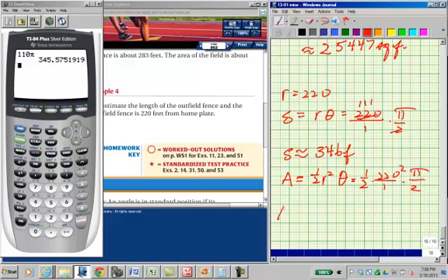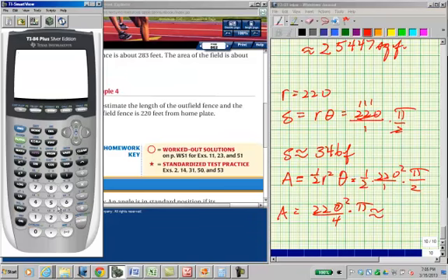So we got area is going to equal 220 squared over 4 times pi, which is approximately equal to, let's just get it on the calculator here. Okay, 220 squared divided by 4 times pi. Okay, about 38,013 square feet.